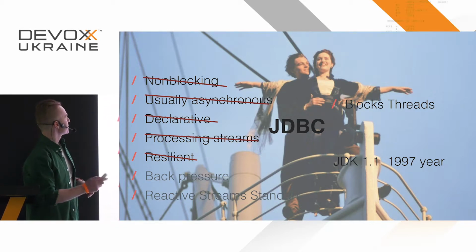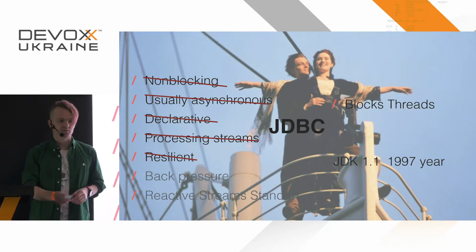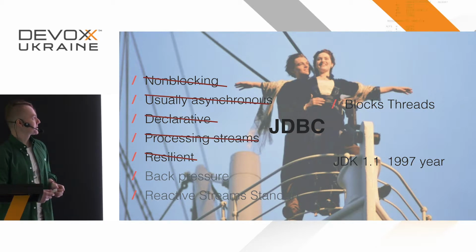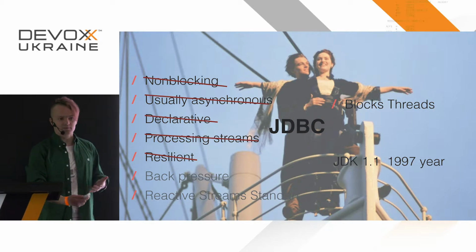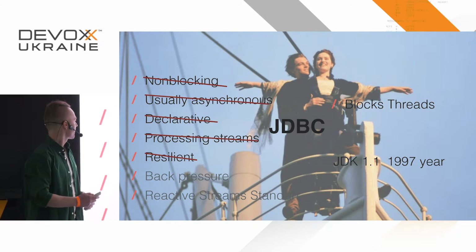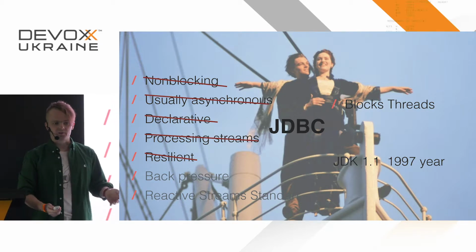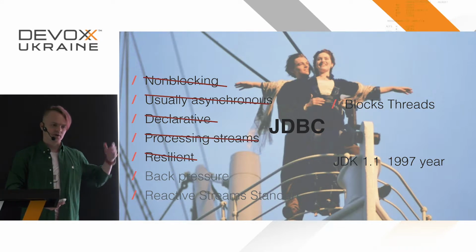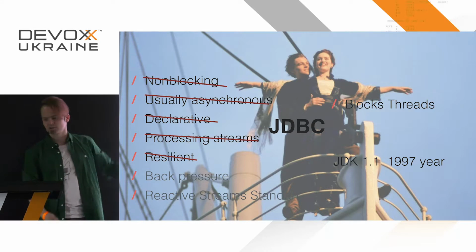But JDBC is blocking. So it's not non-blocking. We cannot easily interrupt it. It's completely synchronous. You cannot set a callback. You just block and return the result. It's not declarative. It's imperative. You have to call whatever you want, and you cannot write JDBC flatMap, unfortunately.